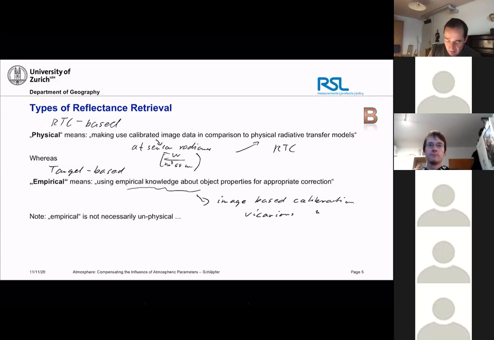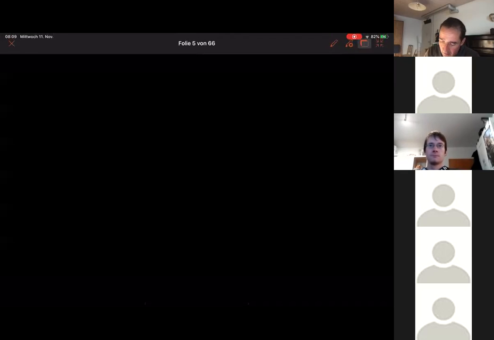Then about the terms, I can also maybe have a little explanation. There are various terms for these kind of corrections. So for instance, you got atmospheric correction.